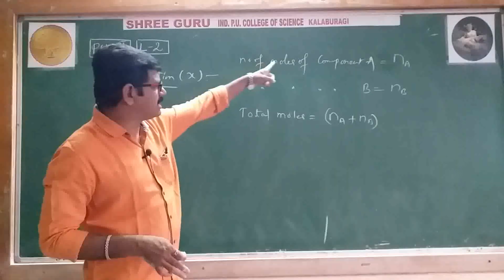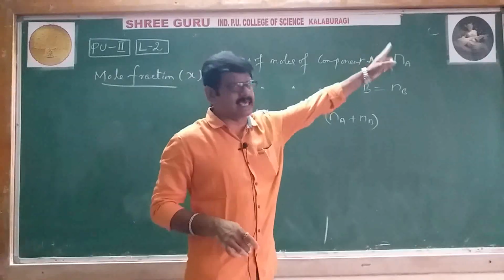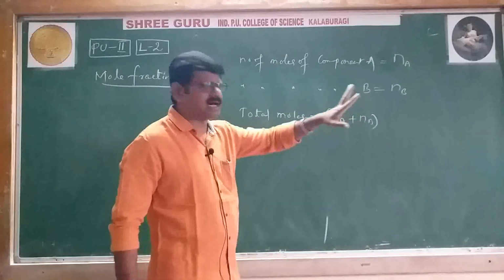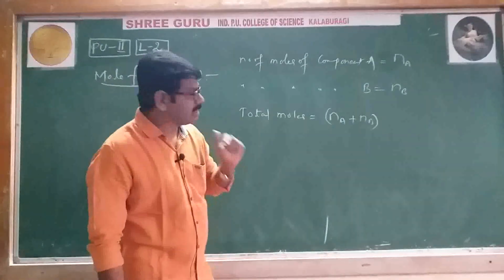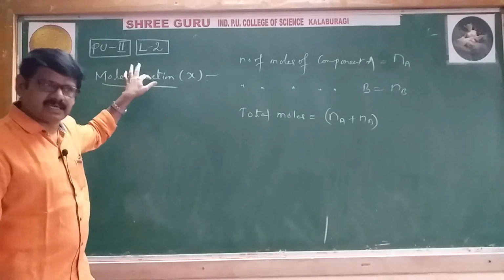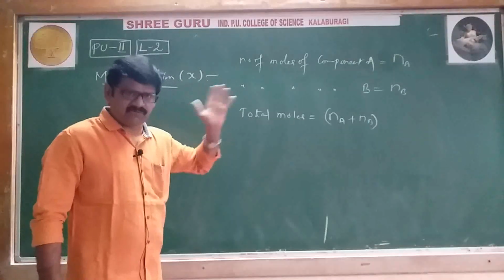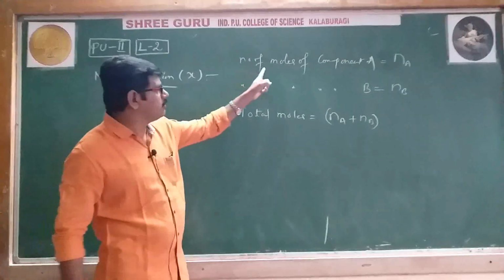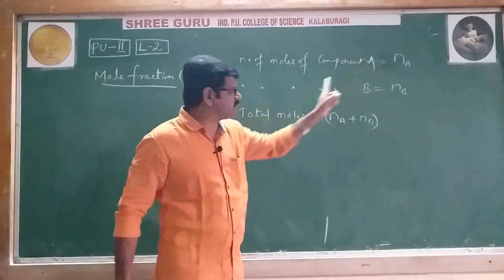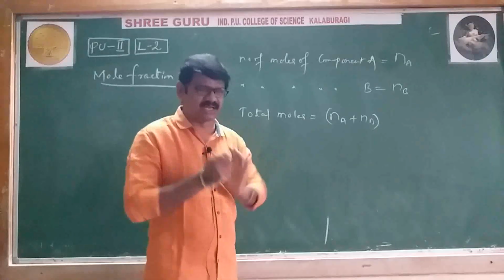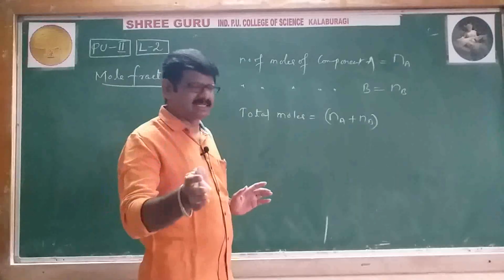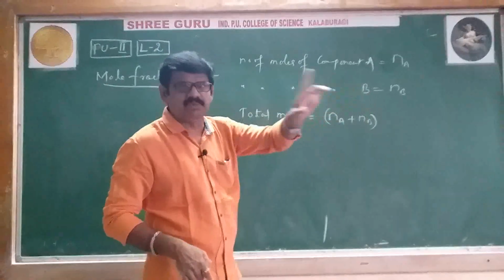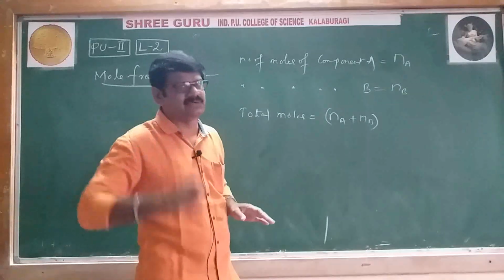Okay, once again, number of moles of component A, let it be Na. Number of moles of component B, let it be Nb. Total moles are Na plus Nb. Right. Now we have to calculate the mole fraction. The mole fraction formula is like this. You know how we have written number of moles of A as well as number of moles of B individually. Similarly, exactly similarly, mole fraction of A as well as mole fraction of B we can calculate individually.